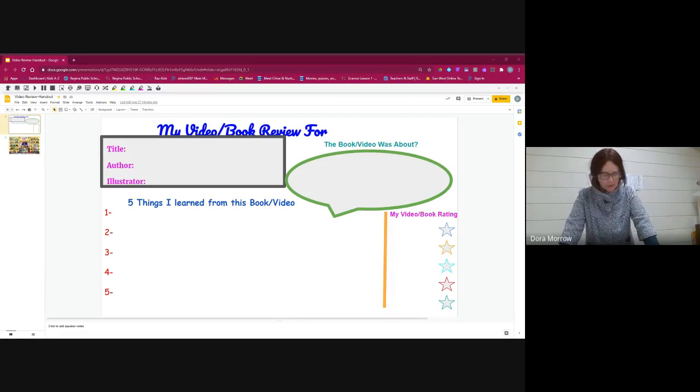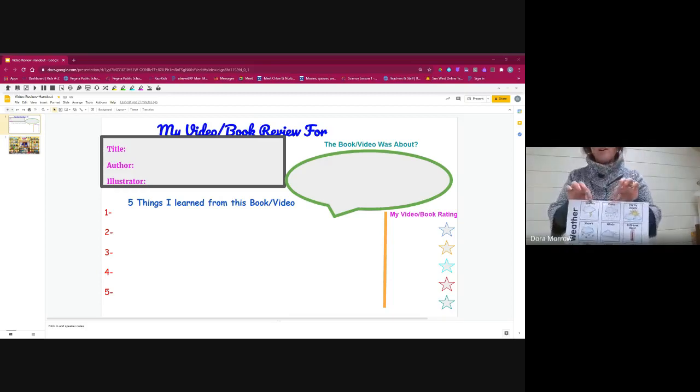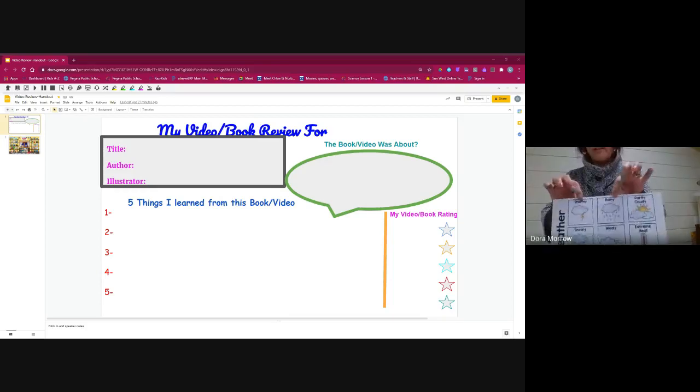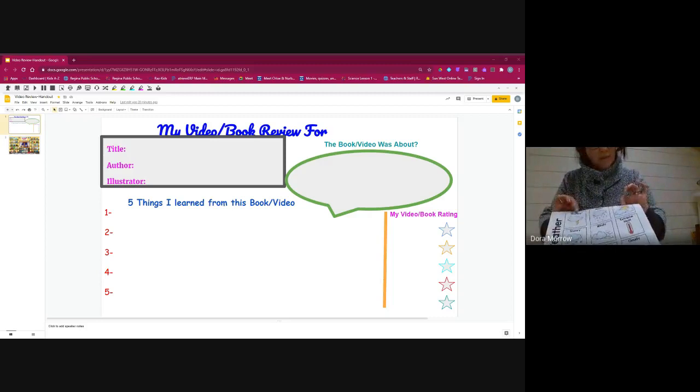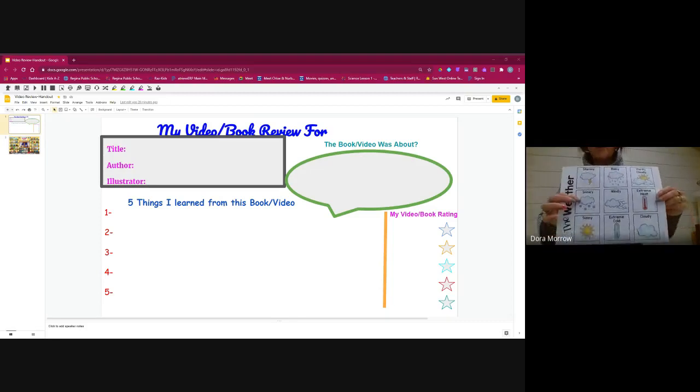So remember, through this unit you have learned about many types of weather. You learned about stormy weather, rainy, partly cloudy, and snowy when it was a snowy day.